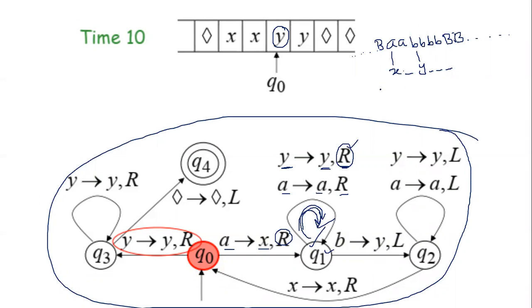Then I will come back and detect the first A of the A's that are left, basically the second A of this example, which will be converted to X. Then I'll go towards the right again, encounter a Y, skip this Y, and find the next B, which will be converted to a second Y. Then I will go back to this side again. Am I clear? Yes, sir.